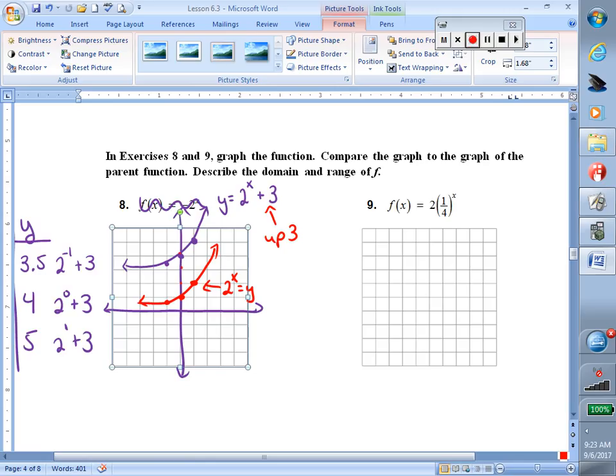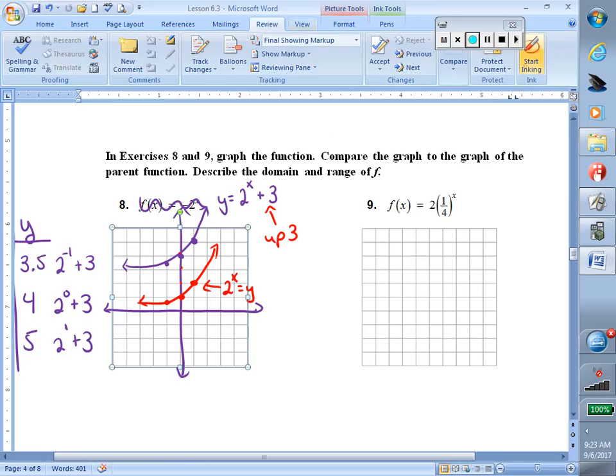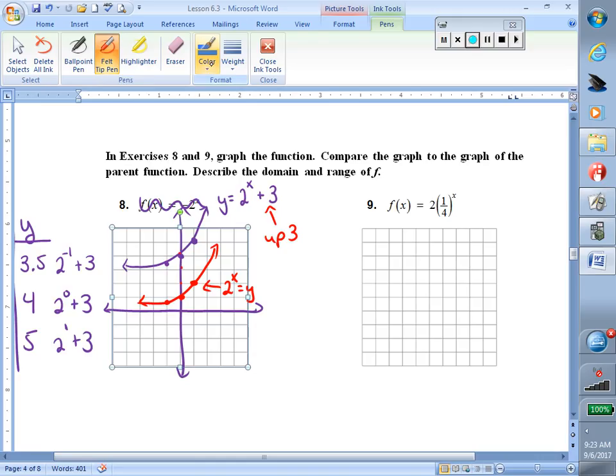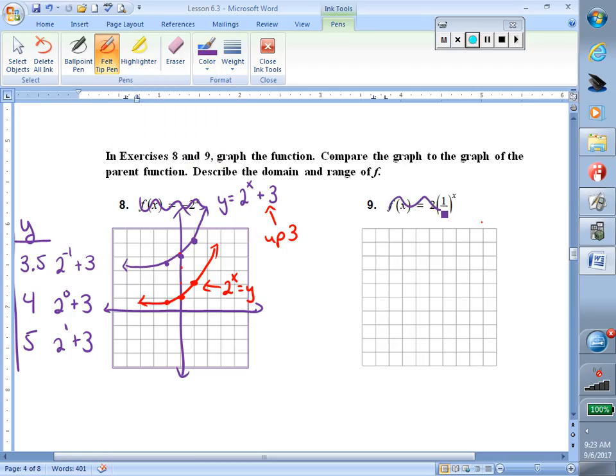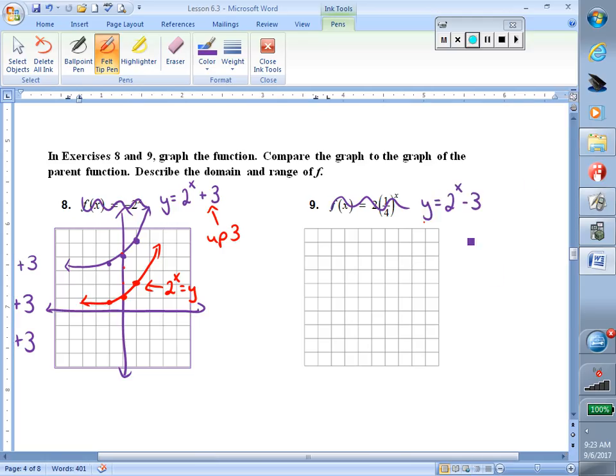If we go to number 9, please cross out the equation in number 9. And let's go ahead and put y equals, let's do 2 to the x minus 3. And again, I want to go ahead and make a table of values.